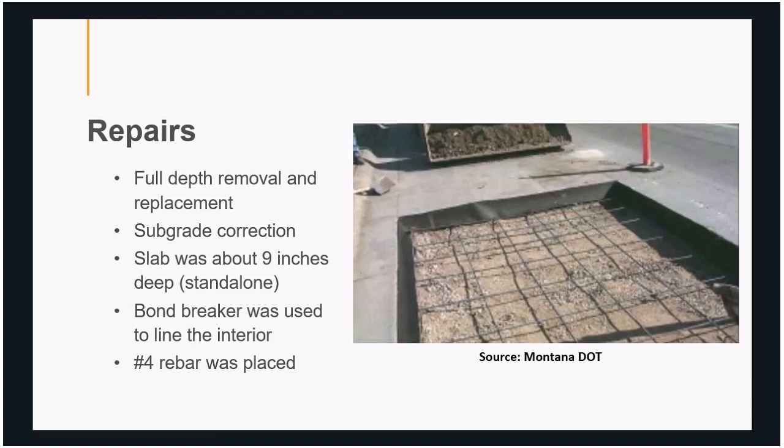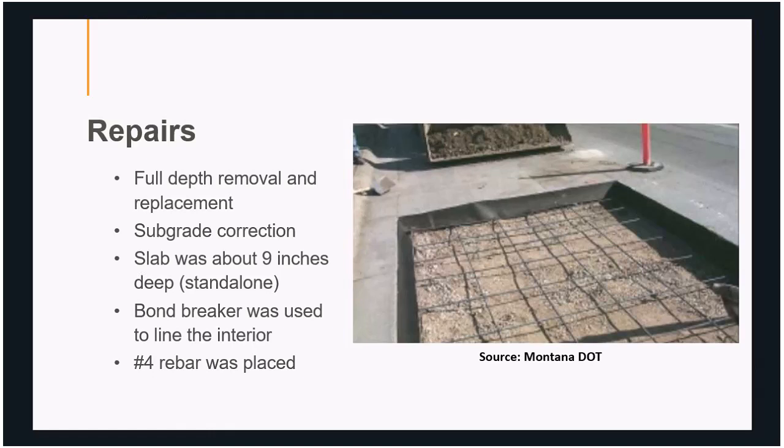Subgrade correction was conducted by removing several feet of the existing subgrade material, followed by replacing it with aggregate fill material. Geotextile fabric was also installed prior to the placement of the new fill to try to minimize the contamination of fines into the fill material.